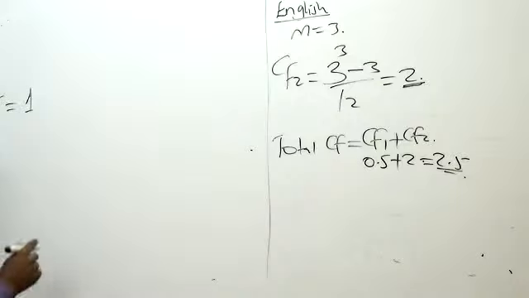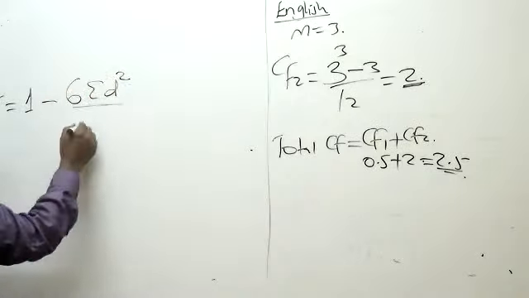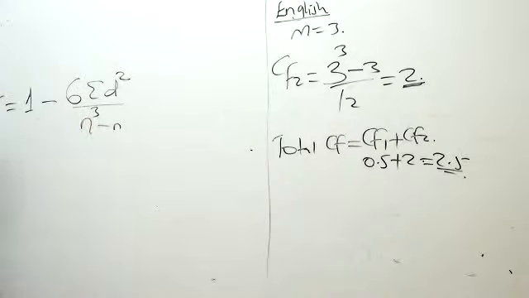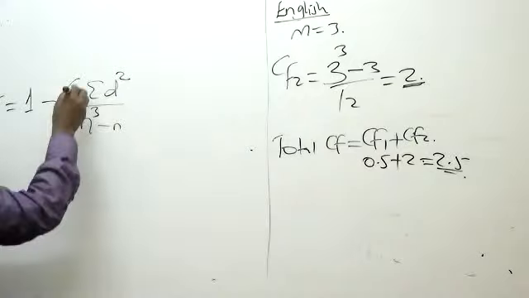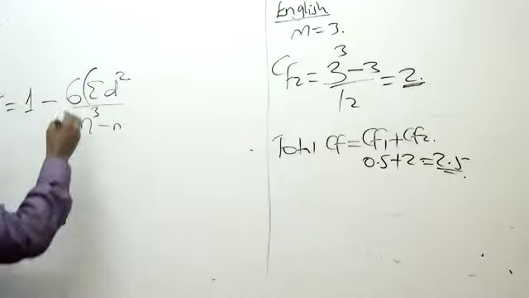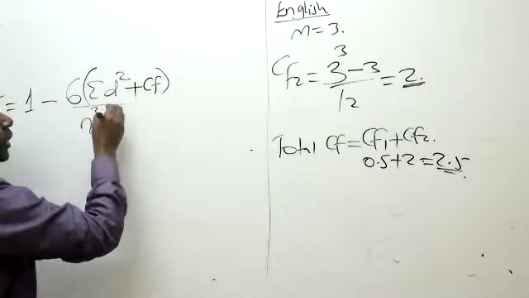So it will be equal to 1 minus 6 summation of d squared all over n cubed minus n. This all over is only touching on this term. But now, ladies and gentlemen, because of the correction factors, we must introduce a bracket there. Here we have tied ranks. So introduce a bracket there, plus the total correction factor.